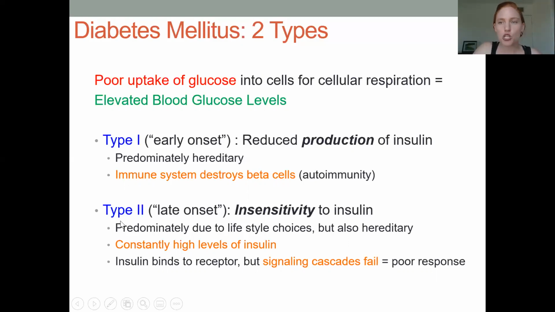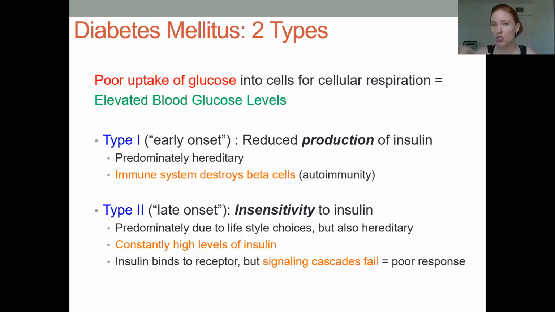Now, type 2. Type 2 is called late onset because what happens is if you have consistently high levels of blood glucose, either from diet, lack of exercise, or even from very chronic stress because of the cortisol levels, you can develop insensitivities where the insulin is still being produced.